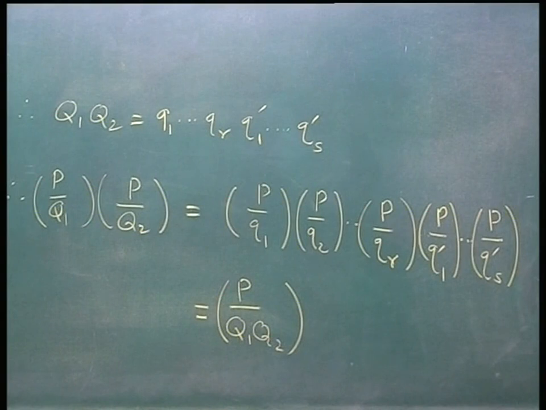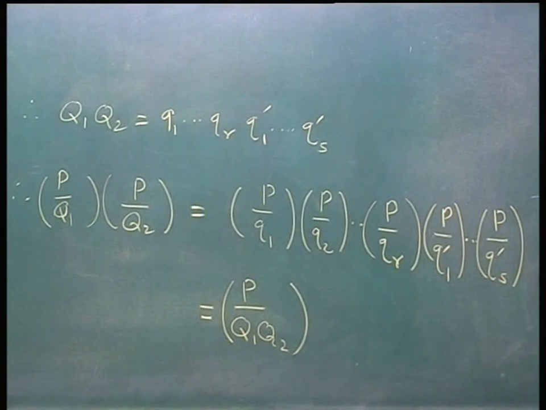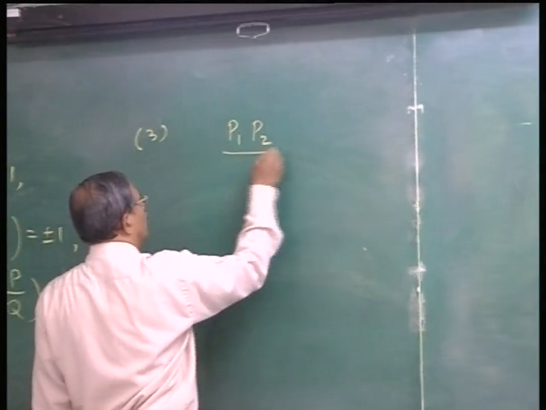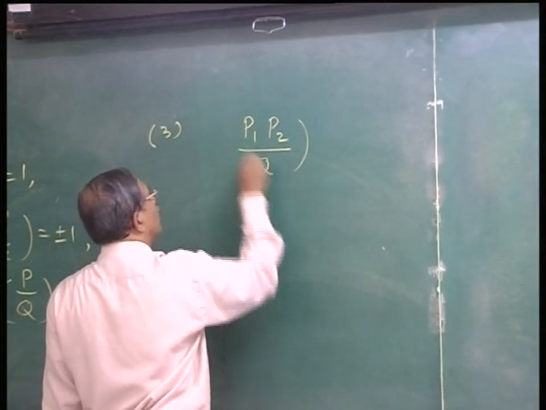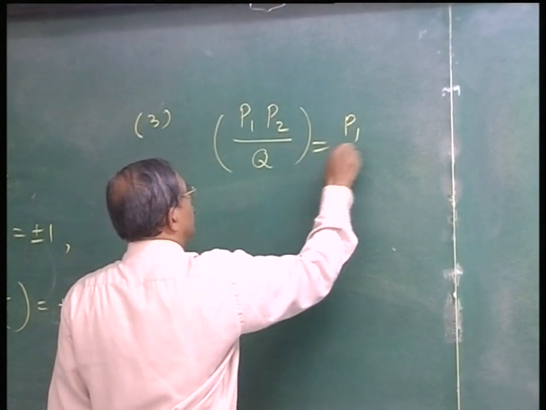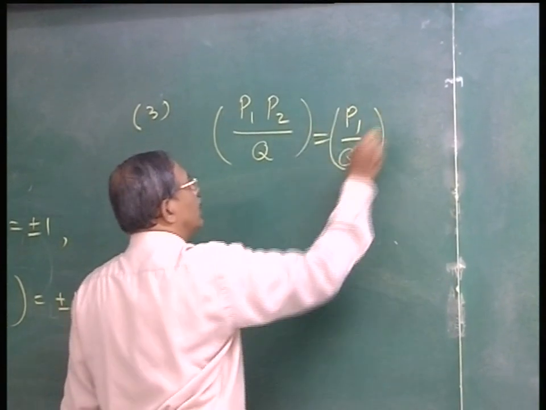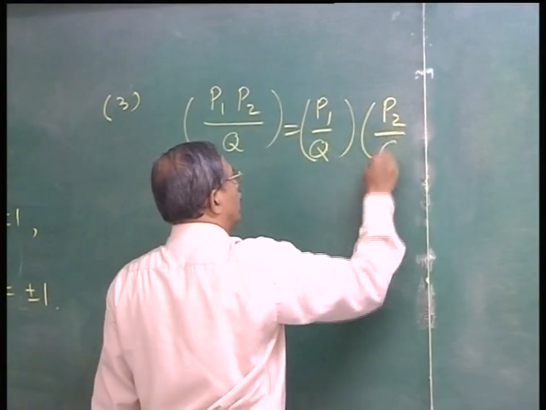Similarly, you have the multiplicative property for the numerator. So (P1P2/Q) equals (P1/Q) times (P2/Q).